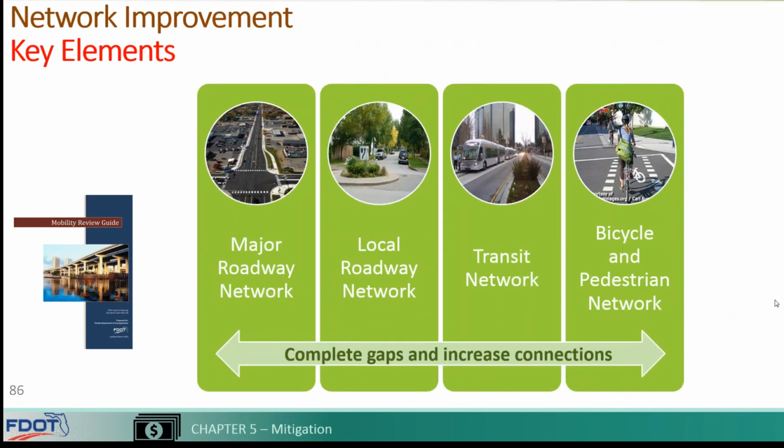One of the major tools that has been discussed is increasing the network of your area, not just the roadway network but also your transit network and your bike ped network.